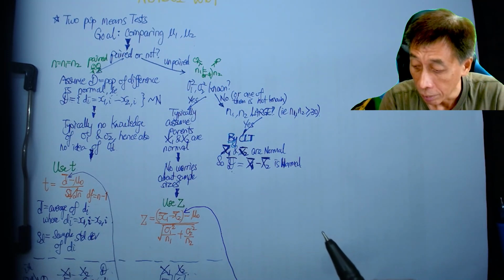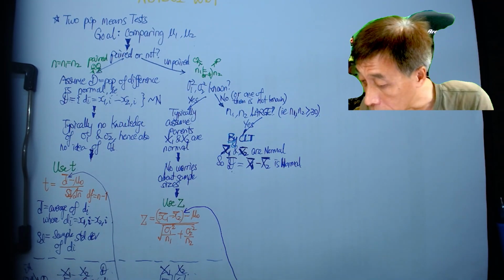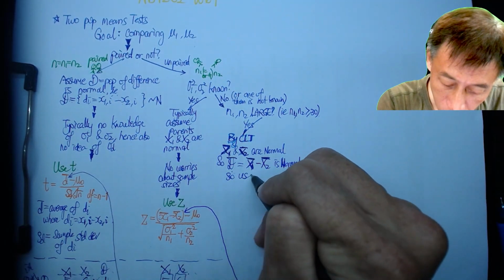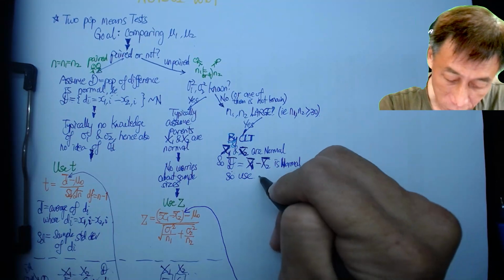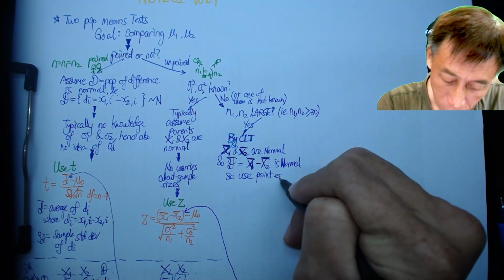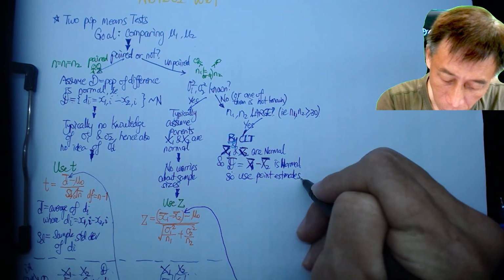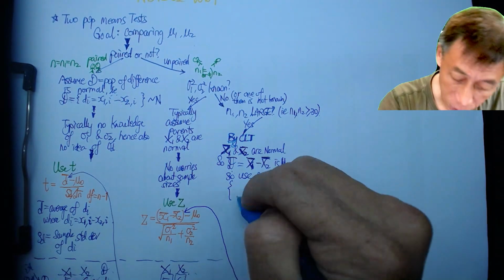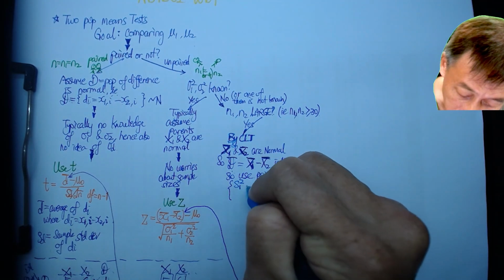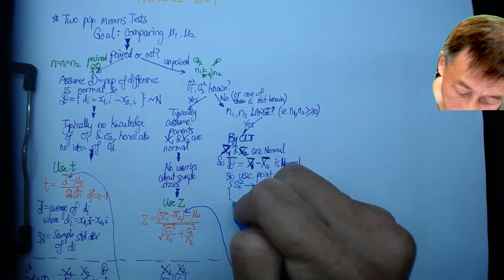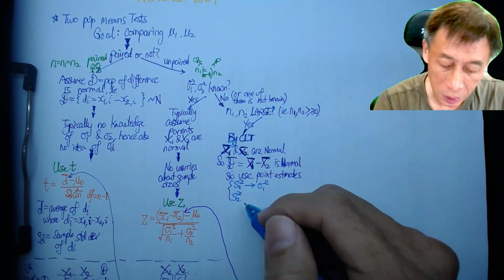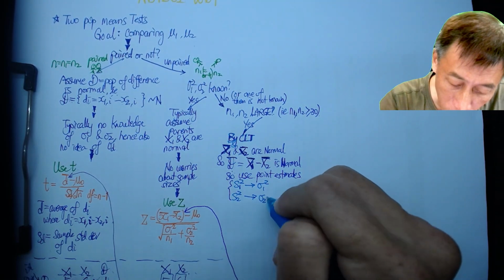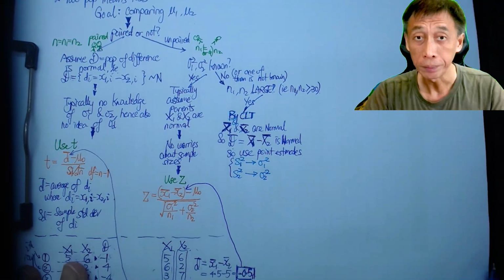And what happens then? We use point estimates: S1 square for sigma 1 square, and S2 square, the sample variance of population 2, as the point estimate of the population variance of population 2.